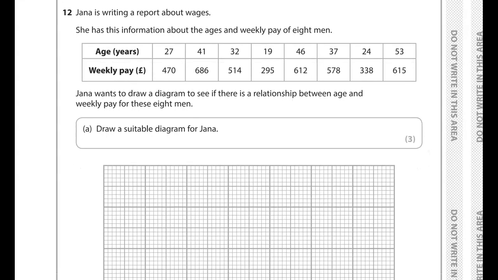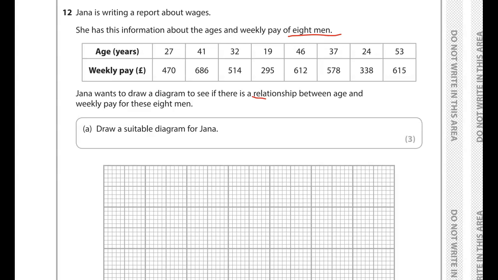Jana is writing a report about wages. She has this information about the ages and weekly pay of 8 men. Jana wants to draw a diagram to see if there is a relationship between age and weekly pay for these 8 men. So we've got age and weekly pay.